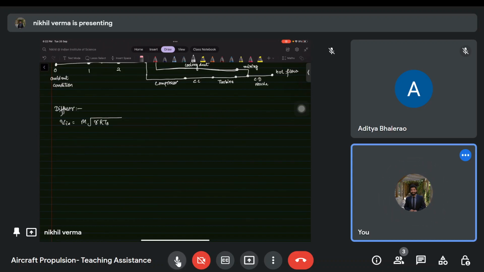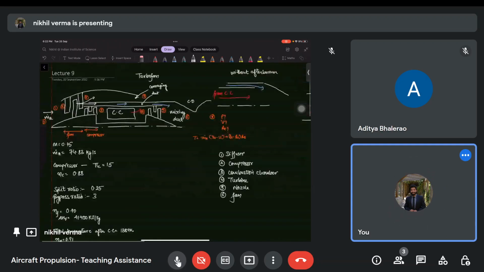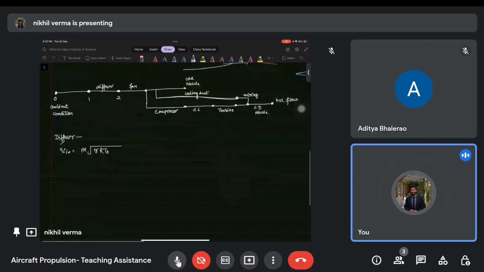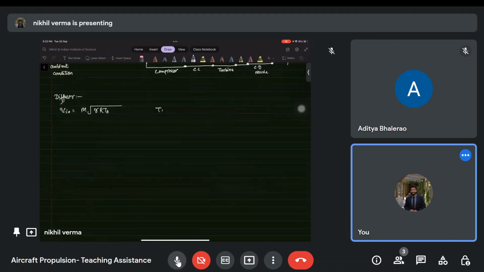Also, it is given that it is flying at sea level. So at sea level, the temperature T A is 288.16 Kelvin.